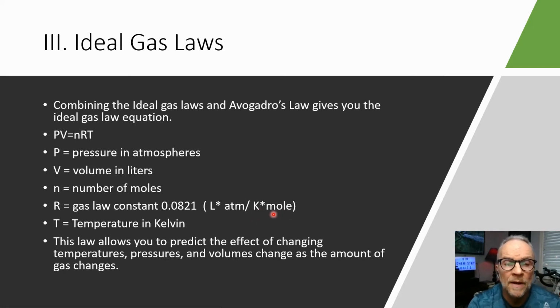There are different gas law constants that can be used when you change these units, but it'll make it easier to keep with 0.0821. The law allows you to predict the effect of changing temperatures, pressures, and volumes, and changes in the amount of gas that you have.